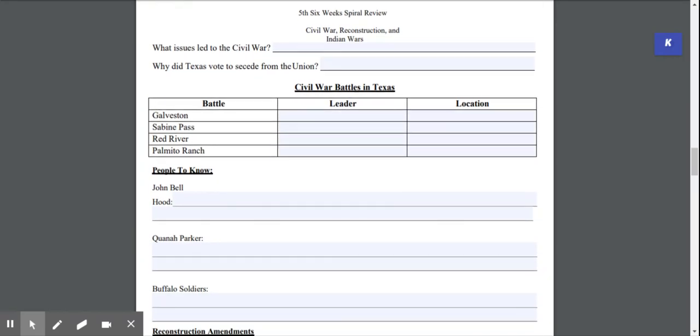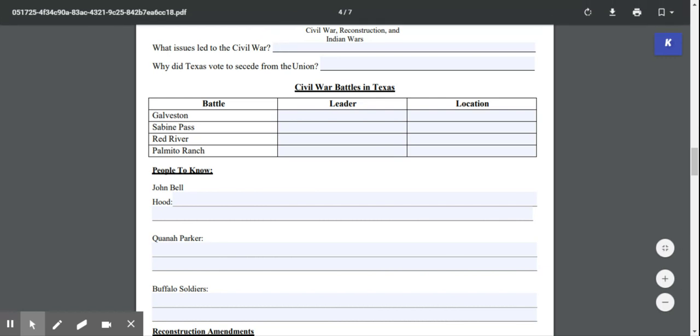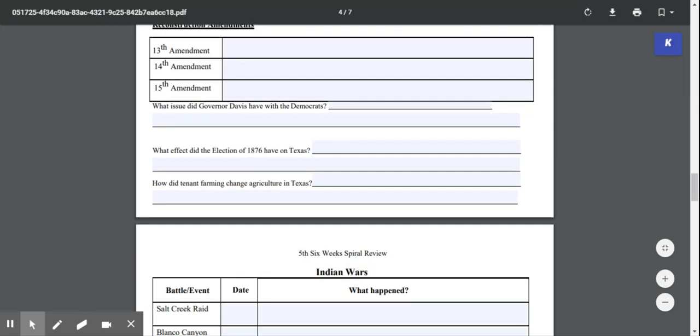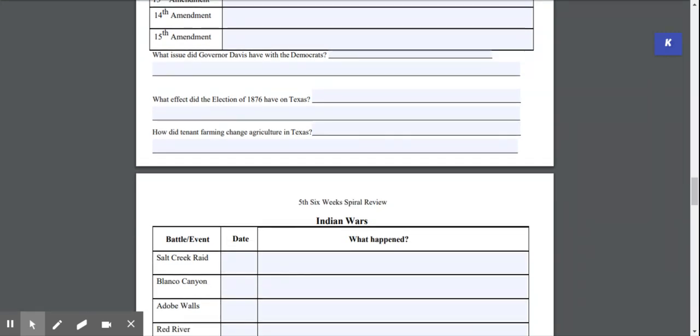What I just read to you, you are going to use that, the video, and the handout you have to fill in these answers right here. You're going to work all the way down to the end of this page right here. You're going to use your handouts that I just read and the one you have in front of you to complete this assignment.